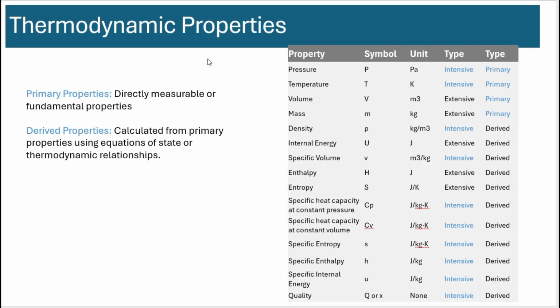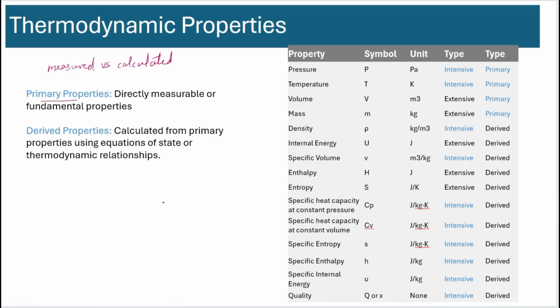As we had touched upon earlier, thermodynamic properties could also be defined based on whether they are measured or calculated. Measured versus calculated. If a property is directly measured using some kind of sensor or device, it is typically known as a primary property.